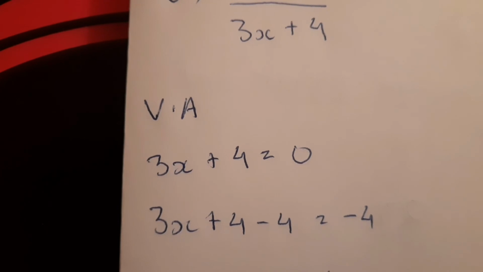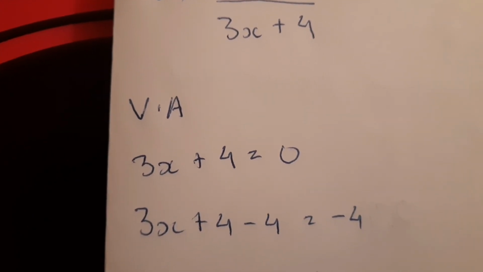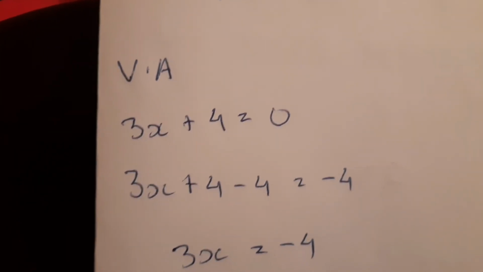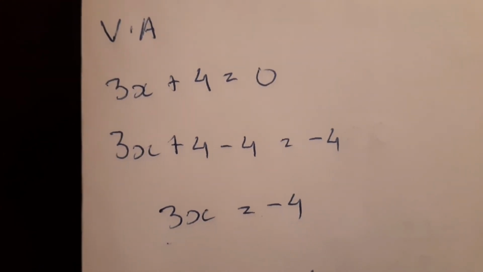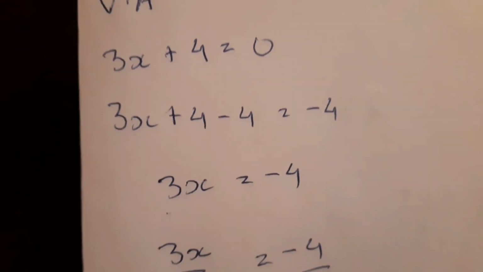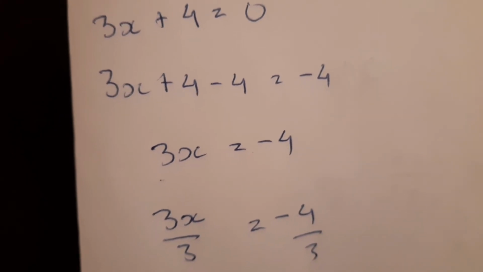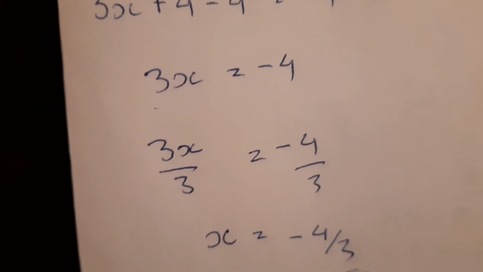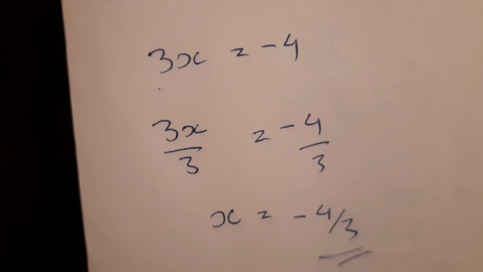The 4 on our left, the positive and the negative, will cancel out, leaving you with just 3x is equal to -4. Next you're going to divide by 3 on both sides to isolate the x. So 3x over 3 is equal to -4 over 3. That will leave x equals -4 over 3, and that is our asymptote.